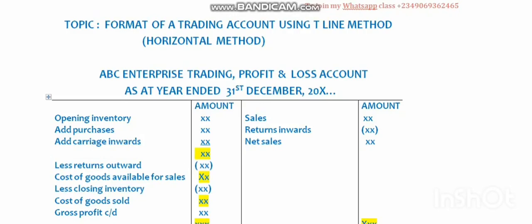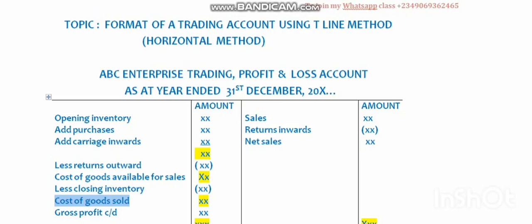So that is how you have to prepare it. When you less your closing stock, that is the closing inventory, what you get is called cost of goods sold. Remember, I told you that to ascertain the gross profit, you less the cost of goods sold from the sales.